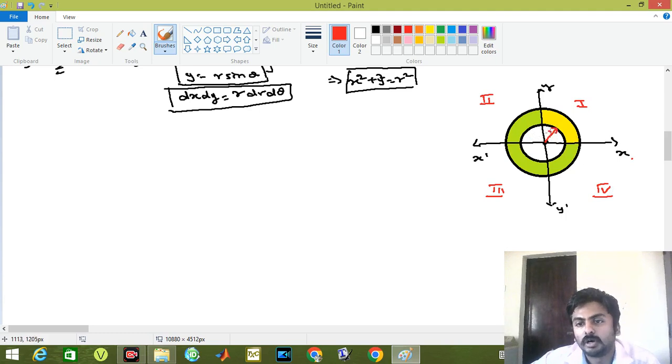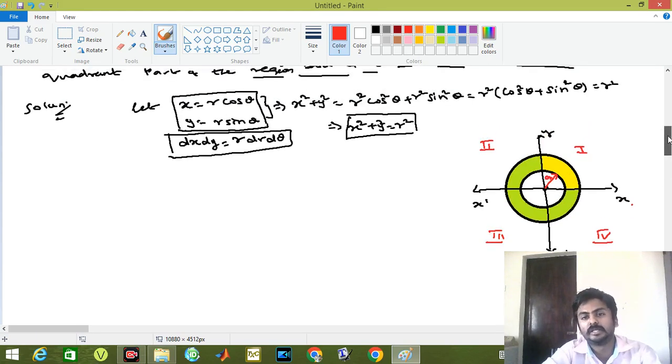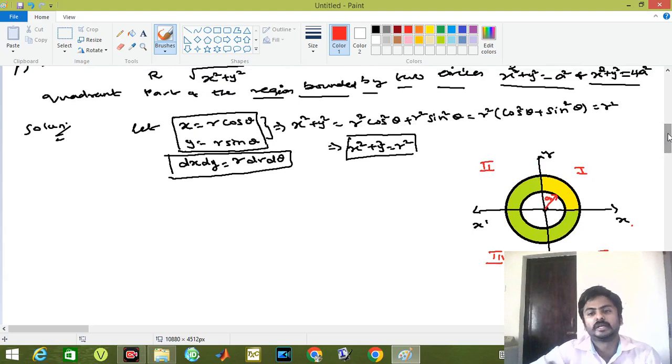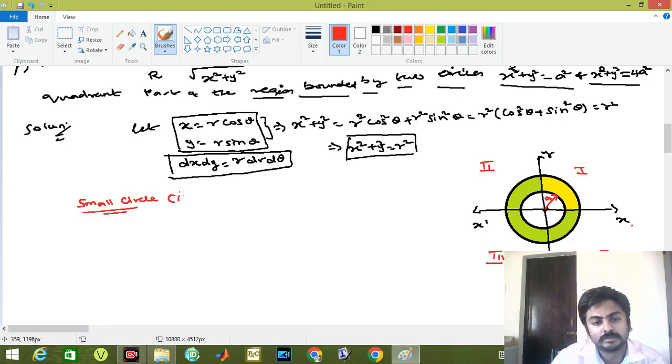In the first quadrant I am taking two radii, because they have given the equation of the circles. The small circle or inner circle is given as x square plus y square equal to a square.